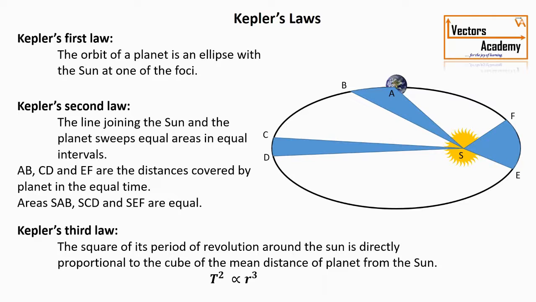Okay, so the more the distance, the more the time required for one revolution. Now these were some basic laws of Kepler, which are very important because Newton used these concepts to state his basic and very important universal law of gravitation.